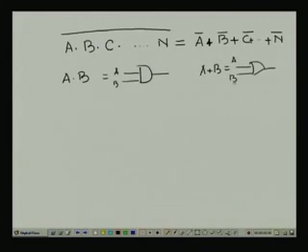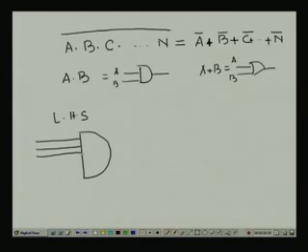Now if we extend the operator for n such variables, the left hand side will be an n input AND gate with inputs A, B, C up to n.